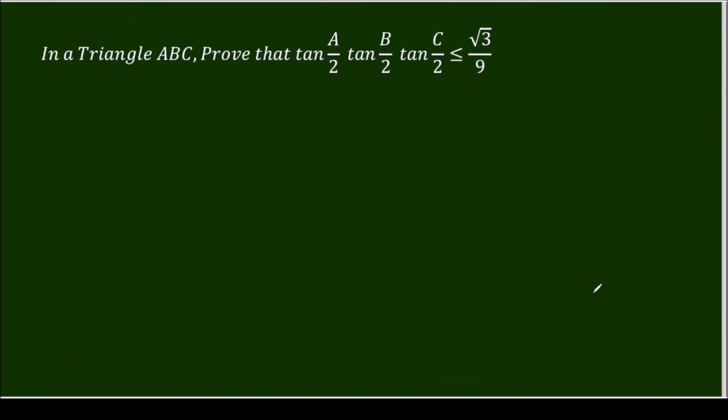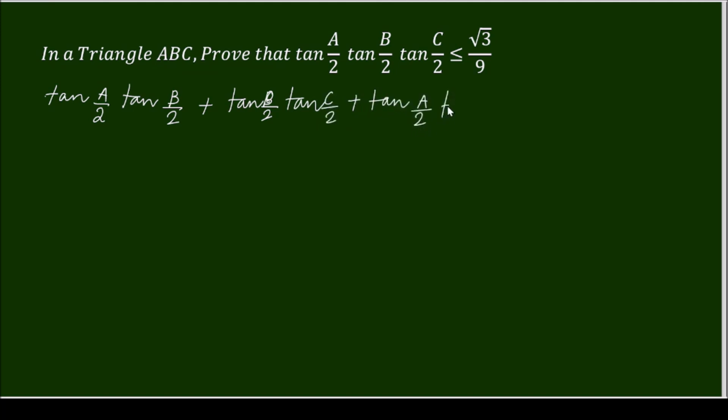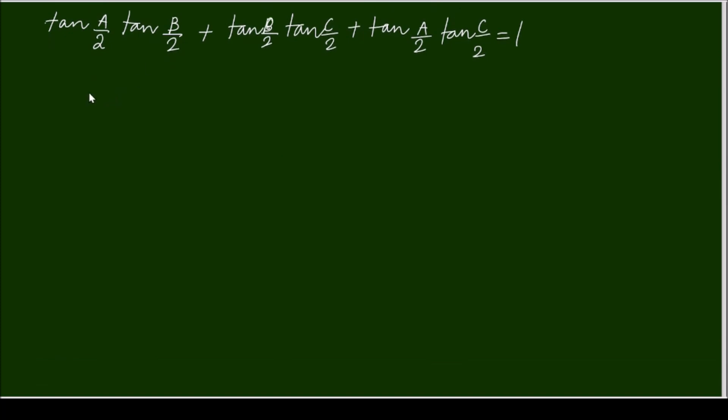For this question, I'm supplementing it with another question, that is tan A/2 tan B/2 plus tan B/2 tan C/2 plus tan A/2 tan C/2 is equal to 1. I am proving this. So how to prove this?